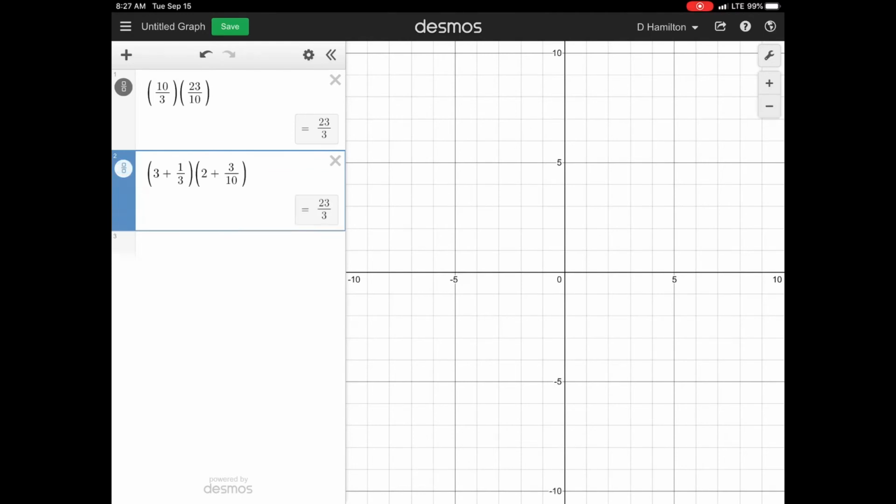And you'll notice on the bottom, that's the same question, except I kept it in that notation. I kept it as 3, don't forget, that mathematically speaking means plus, 3 1/3 times 2 3/10, and I can write it just like so, and that also gives me the same result.